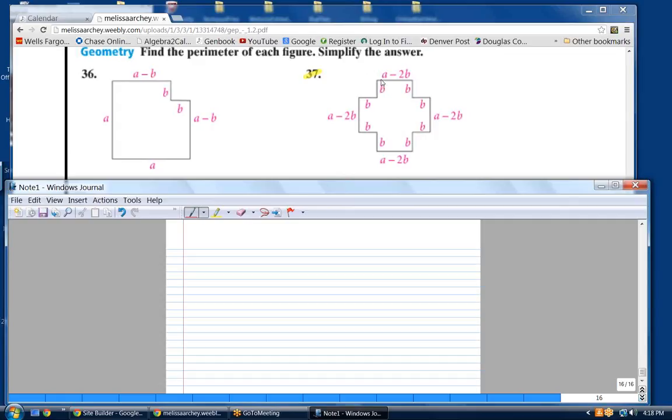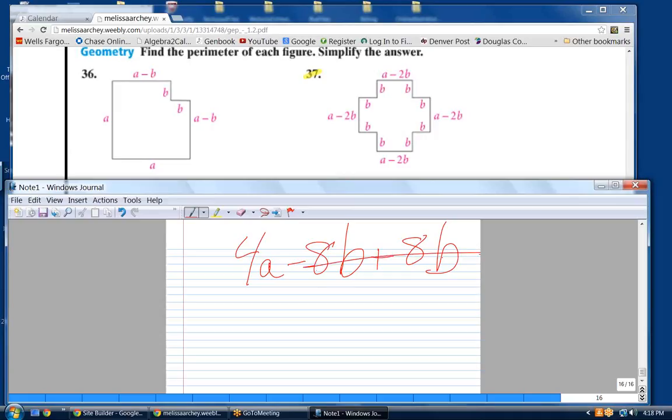That handles that side, that side, that side, and that side. In other words, you took a minus 2b and multiplied it because there's 4 of them. What else do we have? All those b's. How many of them are there? 4 b's on each side, so 8 b's total. So what's this perimeter? 4a minus 16b.